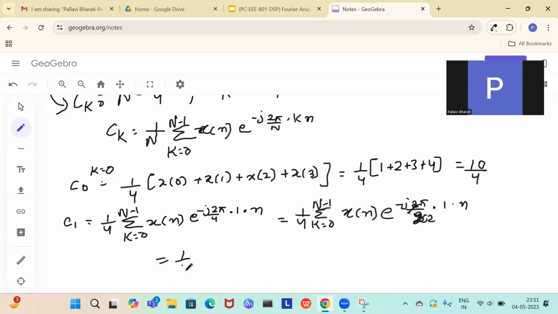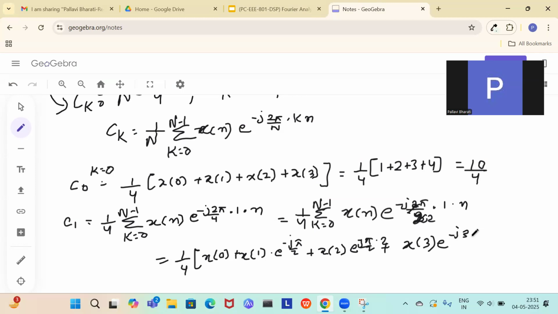Now what we have, write it down here, 1 by 4. And you see over here, the first one will be x0, the second one will be x1 into e to the power minus j pi by 2, plus x2 e to the power minus j pi by 2 into 2, plus x3 e to the power minus j 3 pi by 2.